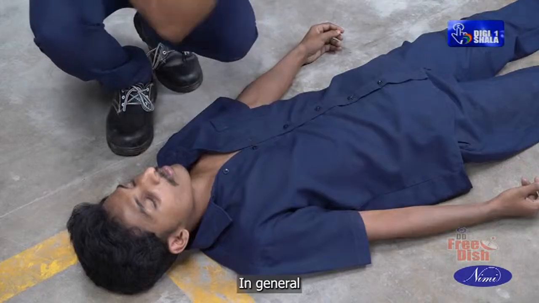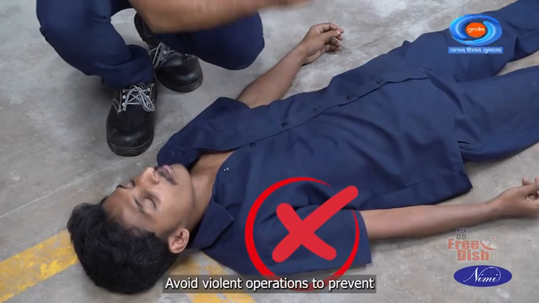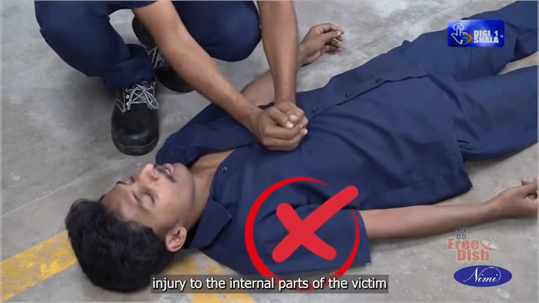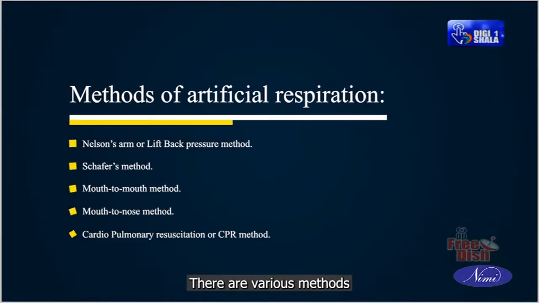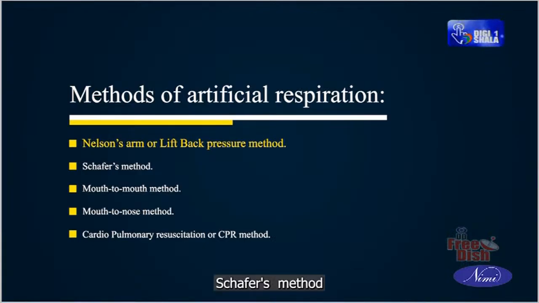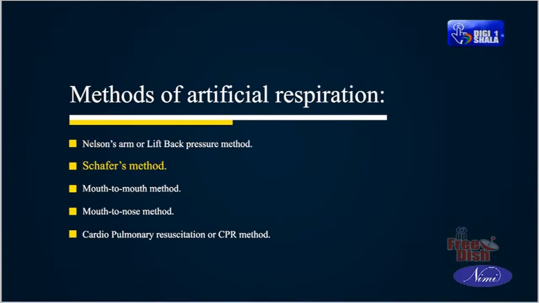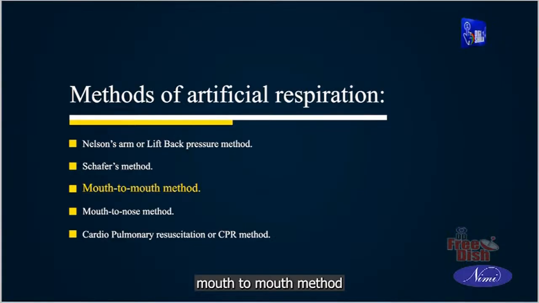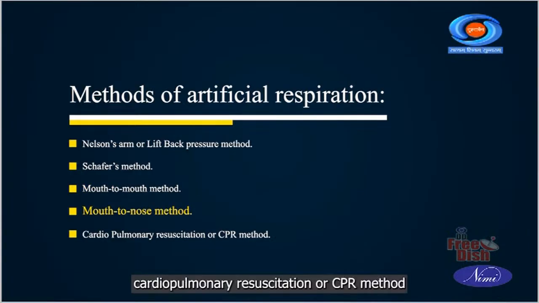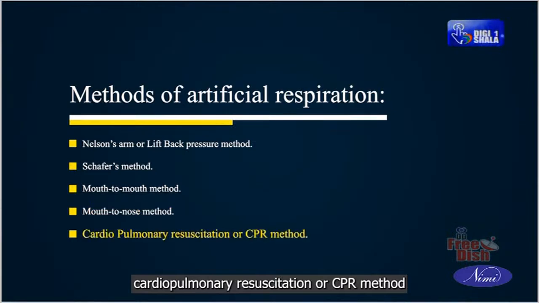In general, avoid violent operations to prevent injury to the internal parts of the victim. There are various methods of artificial respiration such as Nelson's arm lift back pressure method, Schaeffer's method, mouth-to-mouth method, mouth-to-nose method, and cardiopulmonary resuscitation or CPR method.